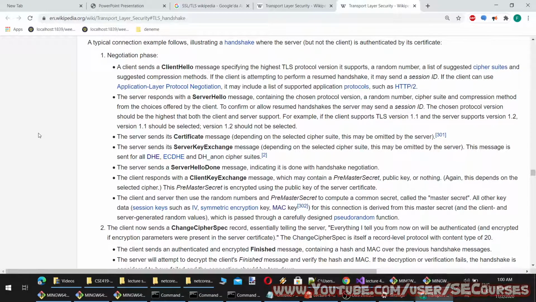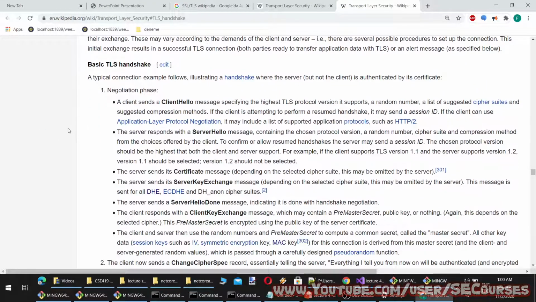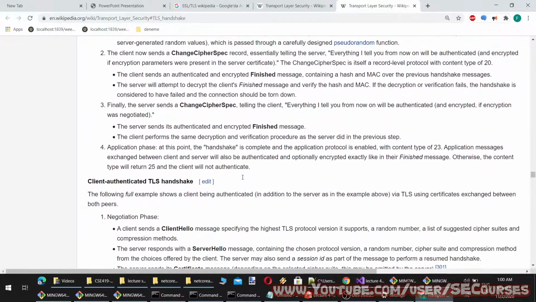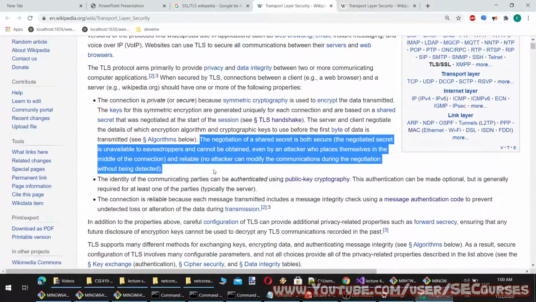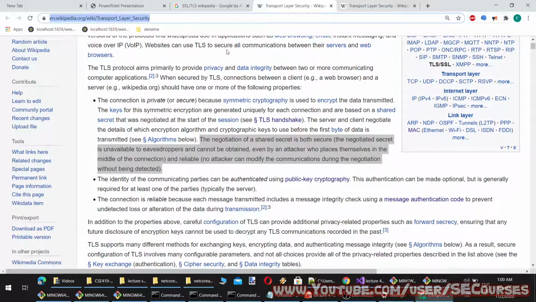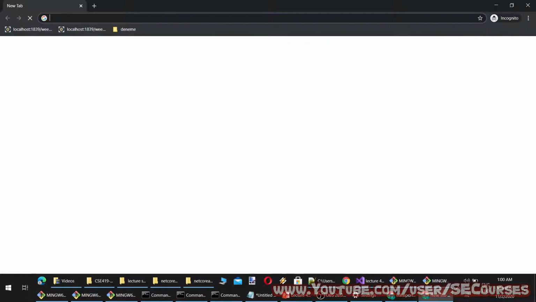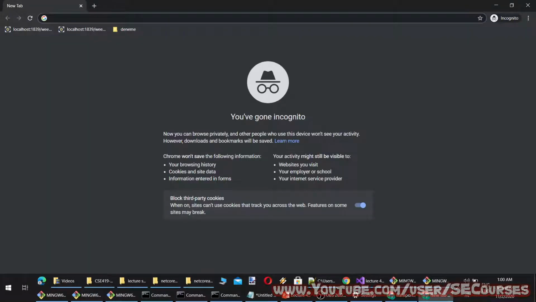Maybe you have noticed that when opening some pages, at first we see the message establishing a secure connection. So this is actually the TLS Handshake. So without, let's say, without establishing a secure connection, you cannot connect to an HTTPS website.